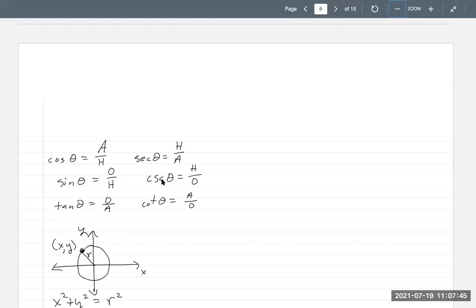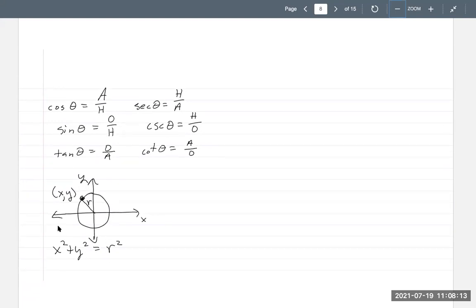The cosecant of theta is the length of the hypotenuse over the length of the opposite. The tangent of theta is the ratio, the length of the opposite over the length of the adjacent. The cotangent of theta is the length of the adjacent over the length of the opposite.